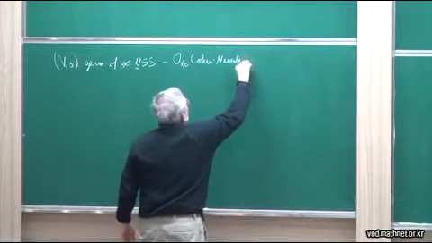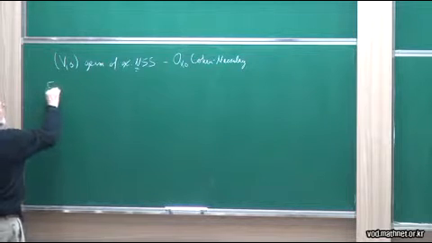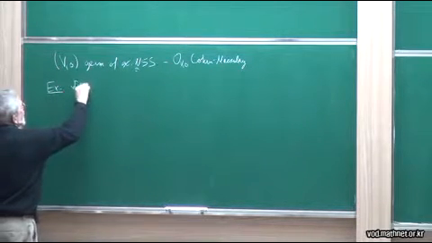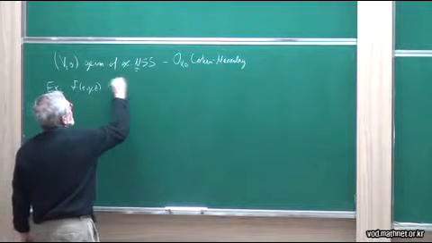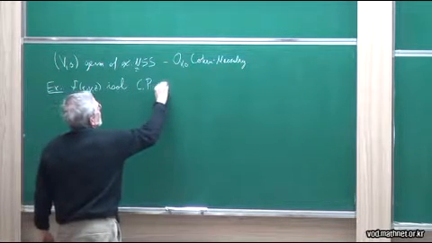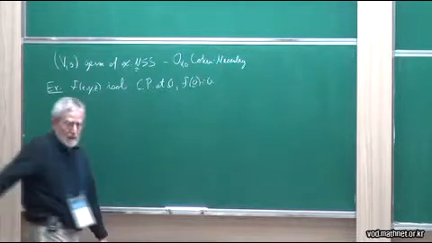But let's start out with the first example we want to think about, which is: suppose you have a polynomial f in 3 variables with an isolated critical point at the origin, with f of 0 equals 0.